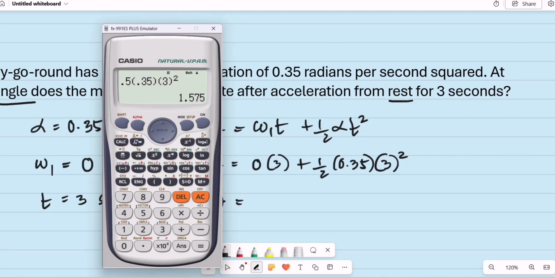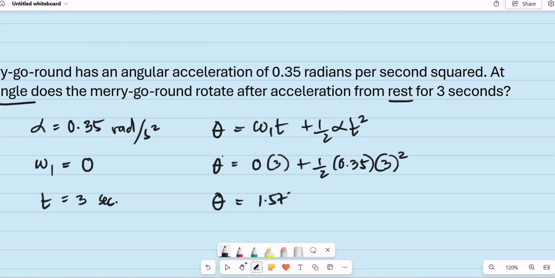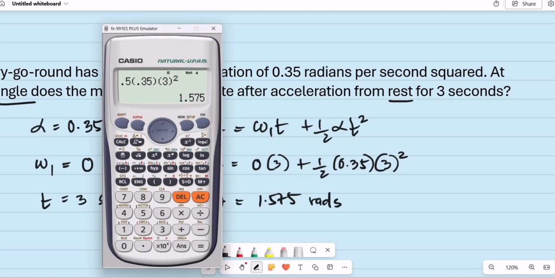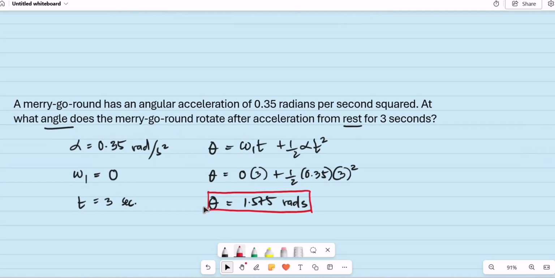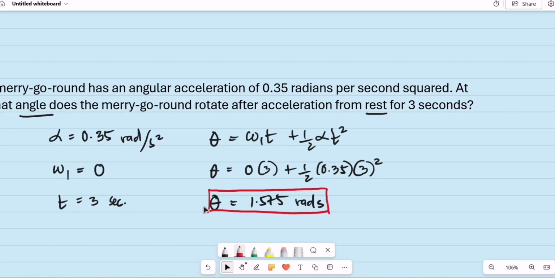We have that as 1.575 radians. Yes, so we have 1.575 radians. That will be the angle of rotation of the merry-go-round for 3 seconds, starting from rest.